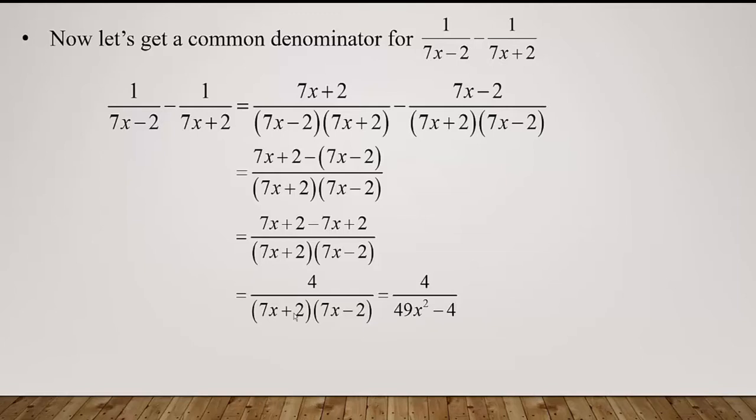And if I multiply out the denominator, look at what I get. So 1 over 7x minus 2 minus 1 over 7x plus 2 equals 4 over 49x squared minus 4.